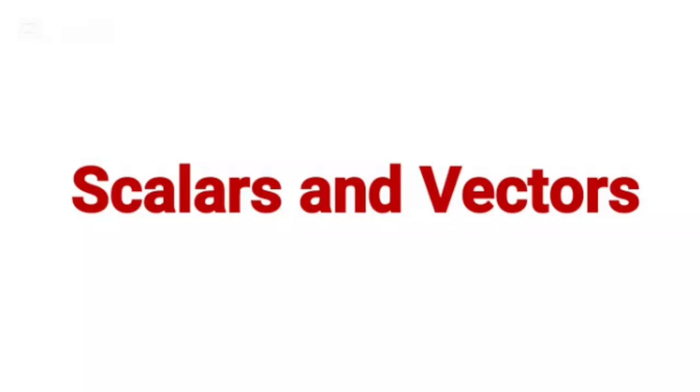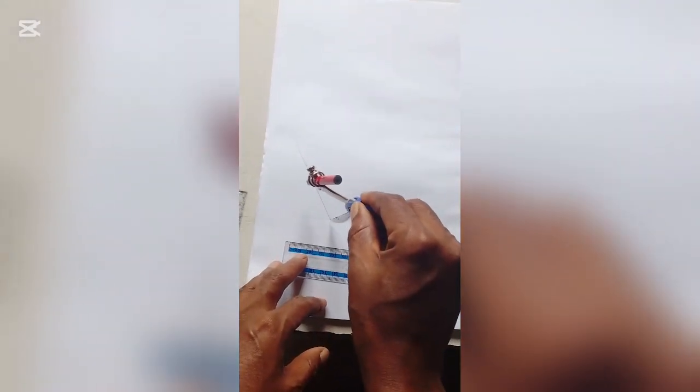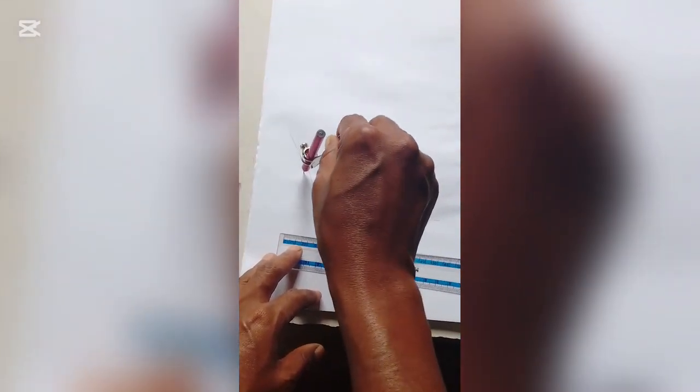Then we get our compass again and measure out 4 centimeter. With the 4 centimeter, we'll swing an arc on this side. We go the other way, we swing an arc also 4 centimeter.